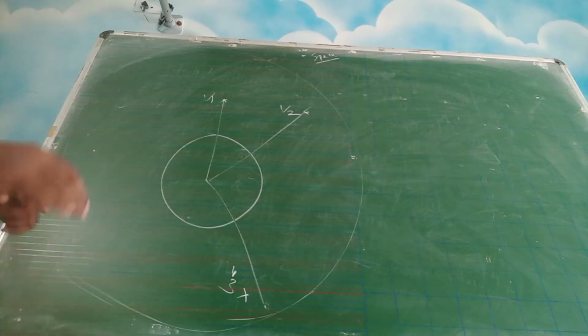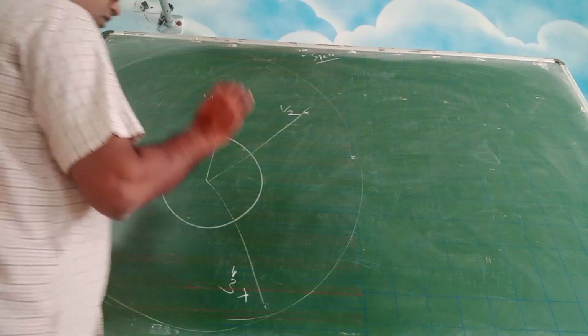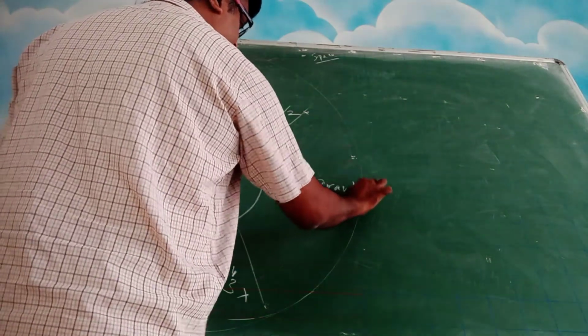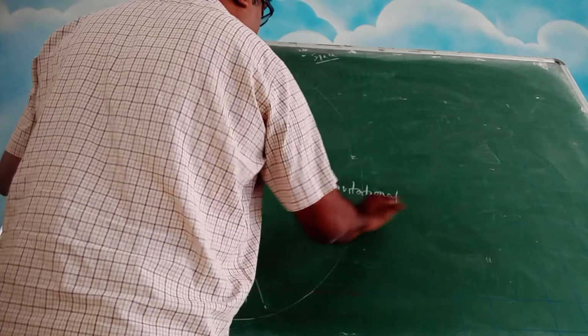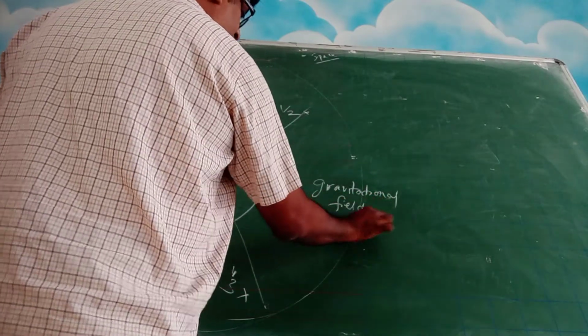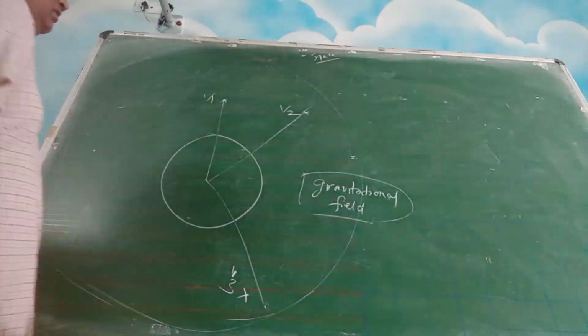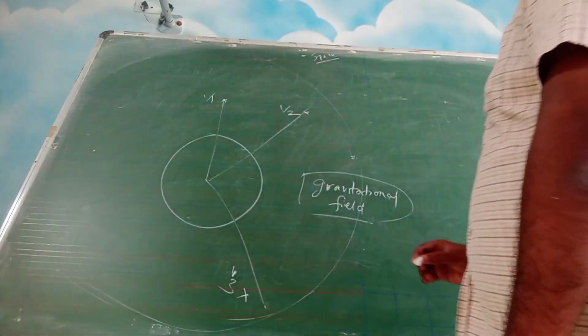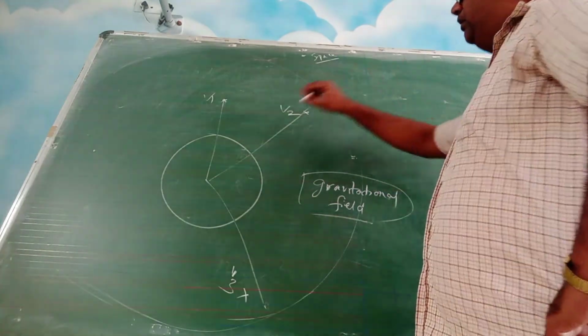Every point has a potential as long as it is in the influence of the gravitational field. A gravitational field can be calculated, and I will tell you how. But basically understand, all these are concepts you need to understand. Any theory type question may come, whether in NEET or anywhere, you should understand what you are calculating first of all. So, in how many ways can we calculate this potential?